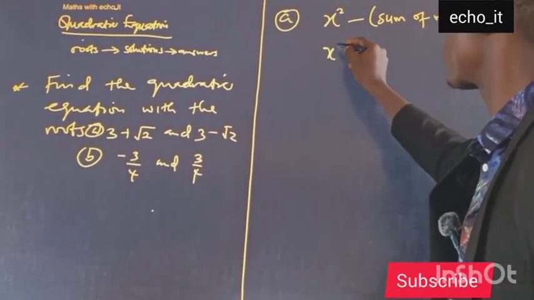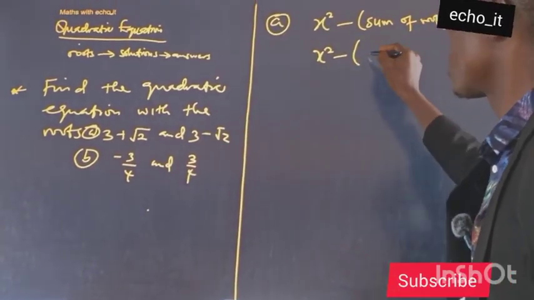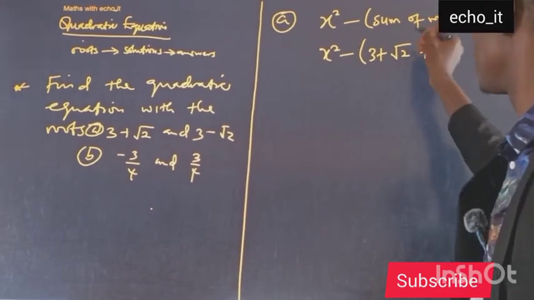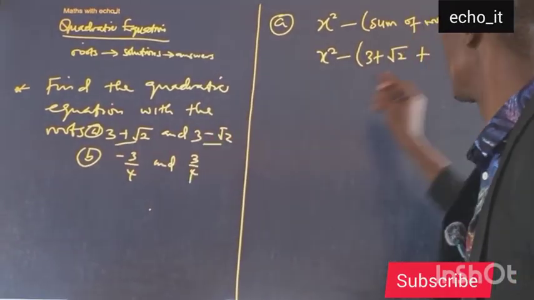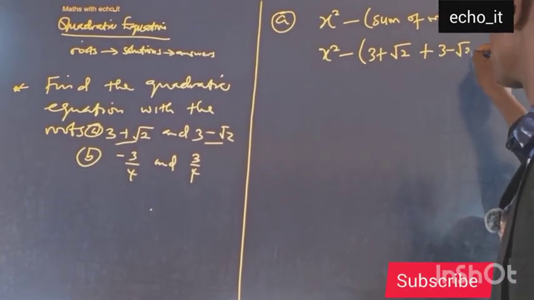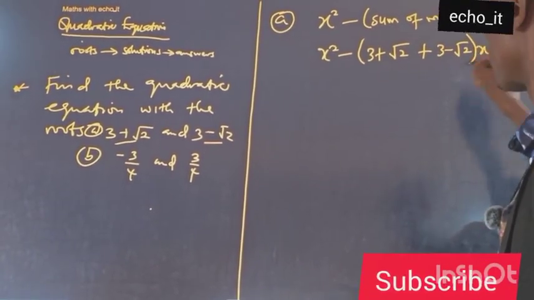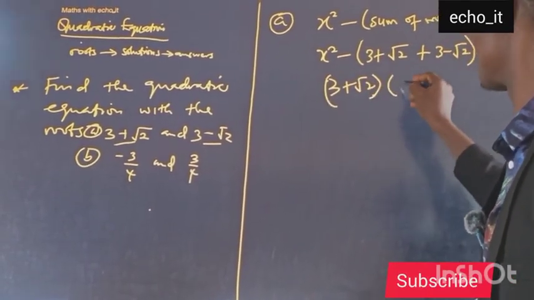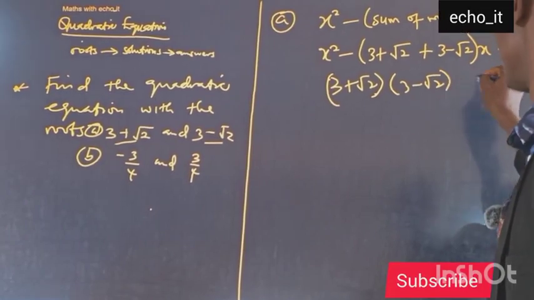So we have x squared minus the sum of the roots, 3 plus root 2 plus 3 minus root 2, where sum means addition of these two answers, x plus the product. The product will be 3 plus root 2 times 3 minus root 2.